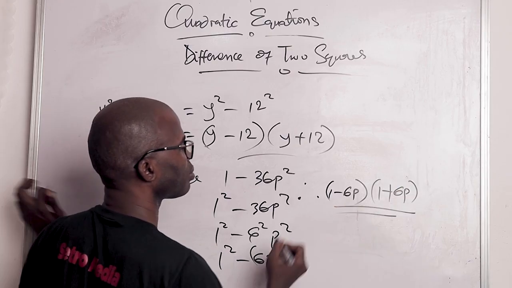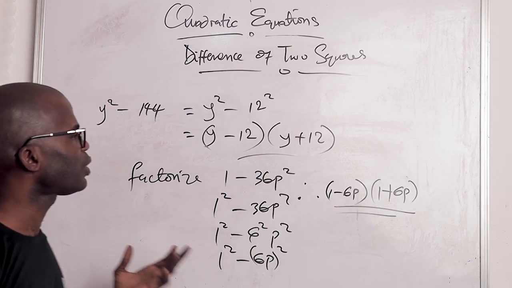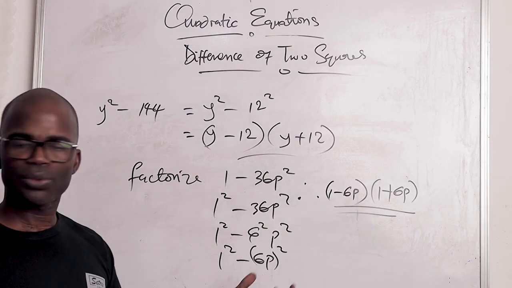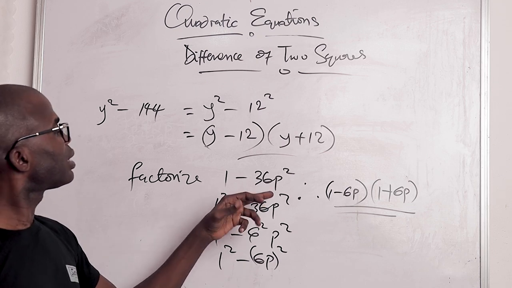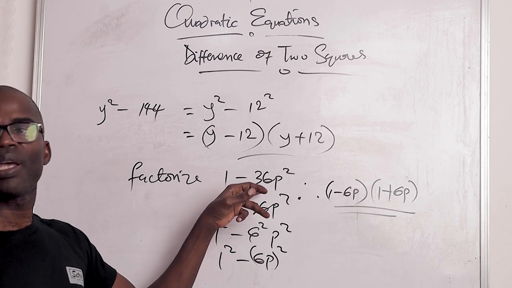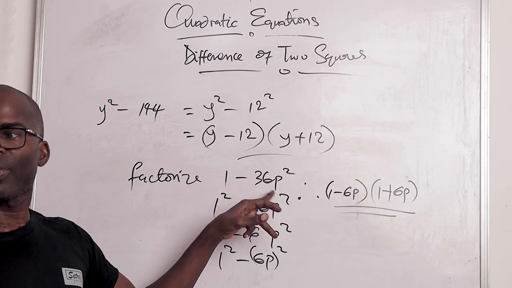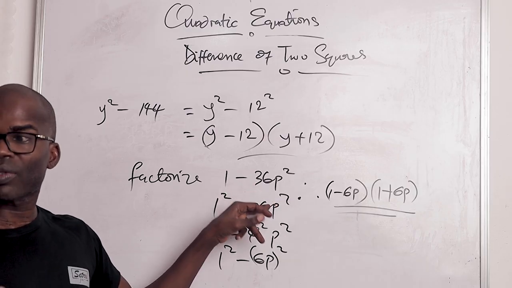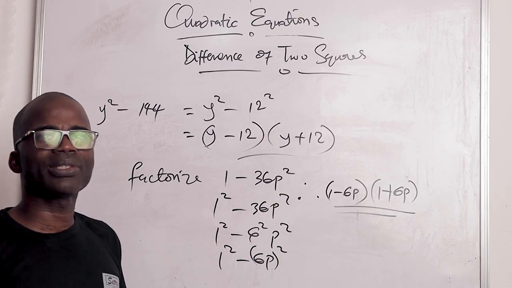That's the answer. There is nothing there. It's just for you to say, oh, difference of two squares. The same thing if they say 144 is here. The same thing if they say 49p squared: 7 times 7, 49. So that's just it.